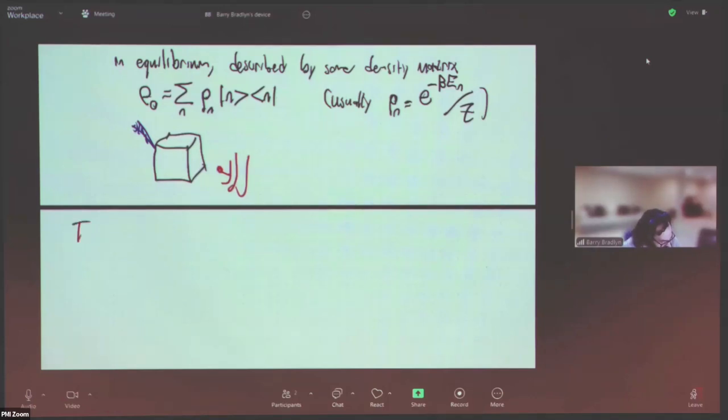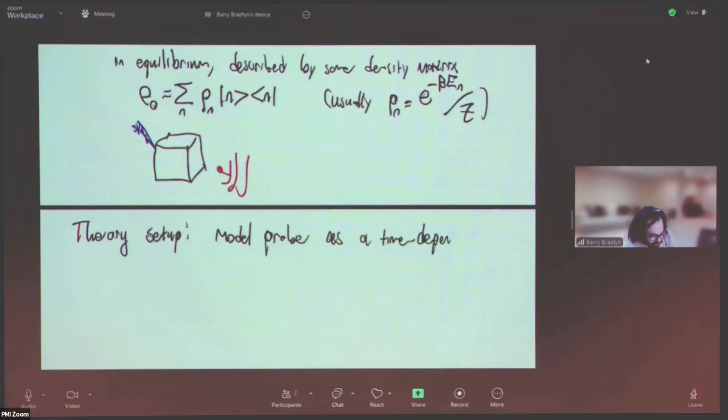So in our theory setup, we're going to model our probe as a time-dependent perturbation. So instead of our Hamiltonian H naught, we'll now have a Hamiltonian H naught plus we can have multiple different probe fields.